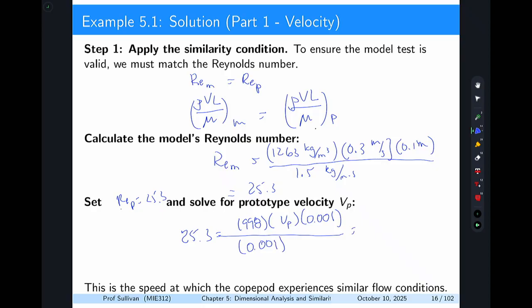And solve for VP of that, which is 0.0253 meters per second. And you can see that you've got thousands multiplying through, and VP is going to be essentially, at the end of this, 25.3 divided by 1,000. So that's why you're getting that number.